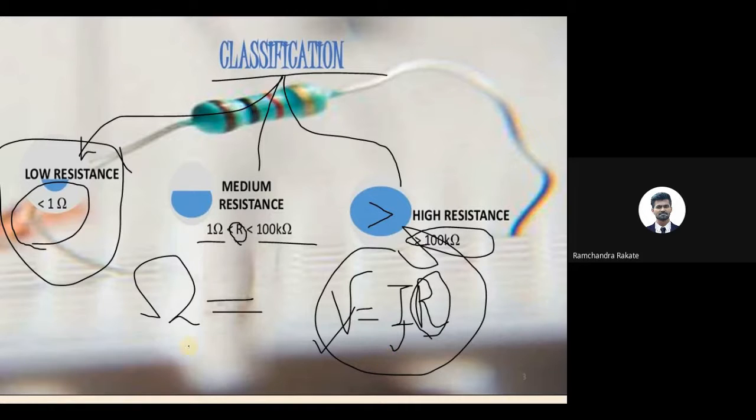Now we have classified this in three terms: low resistance, medium resistance, and high value of resistance. Based on that, there are certain different methods of measurement for low, medium, and high resistance.